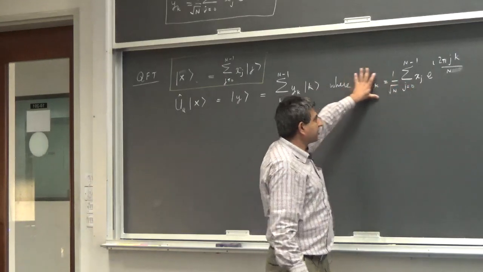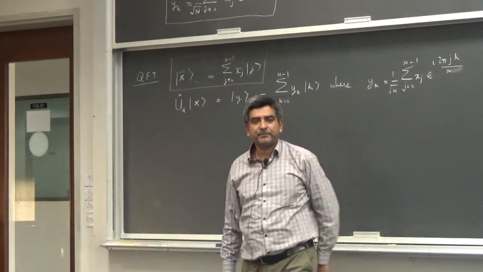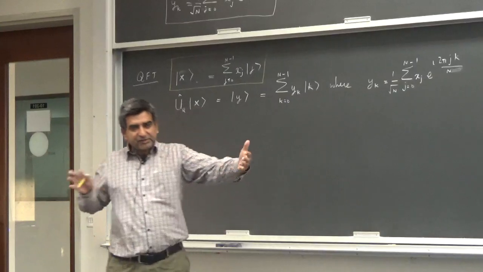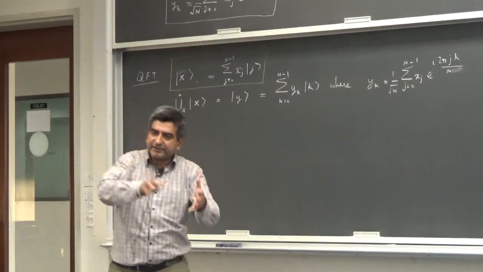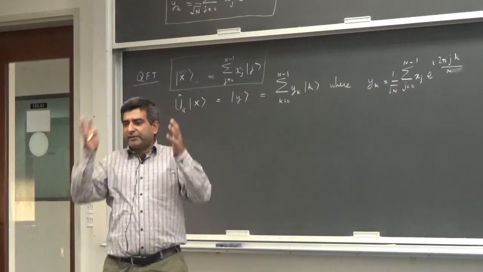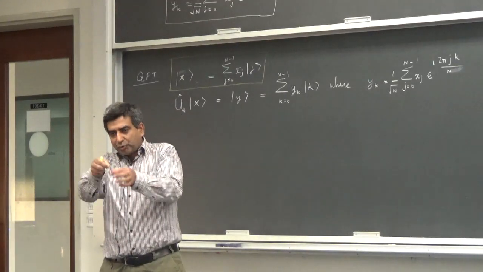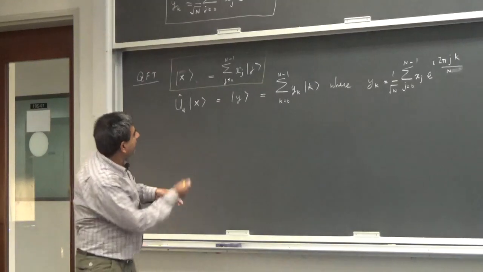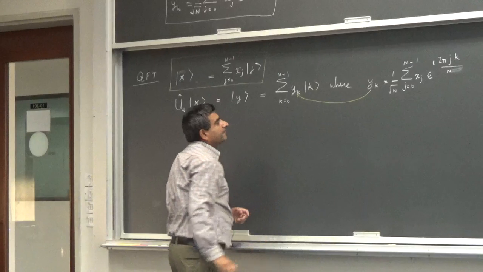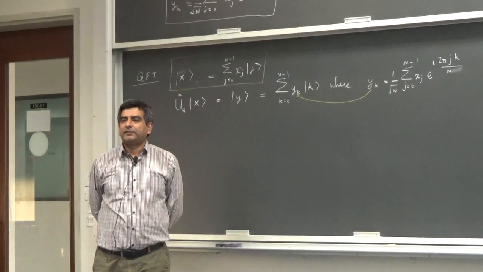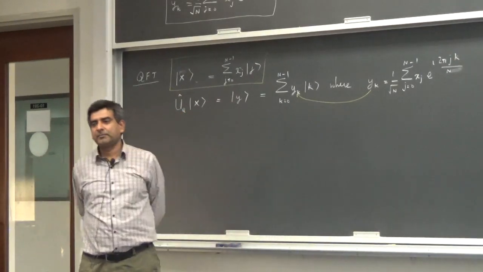So this is our conventional definition of the discrete Fourier transform. I look at my initial state, I make the probability amplitudes into a vector and I take the discrete Fourier transform. What results are the Fourier coefficients. I pluck those Fourier coefficients and put them into this thing. So this comes here. This is the definition of the quantum Fourier transform.